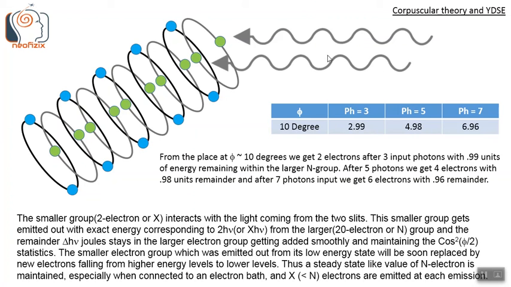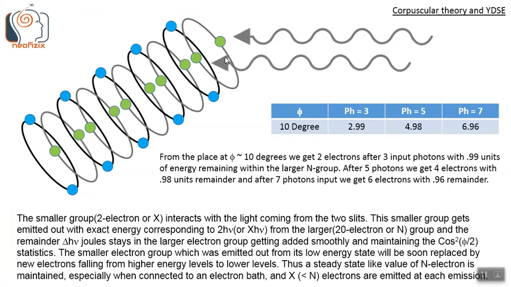These 2 wavy lines represent the light coming from the 2 different slits, and these first layer electrons are the ones which interact with it. But it is nevertheless connected to this whole 20 group of electrons like in this stack, but these are the ones which will interact with the incoming photons.